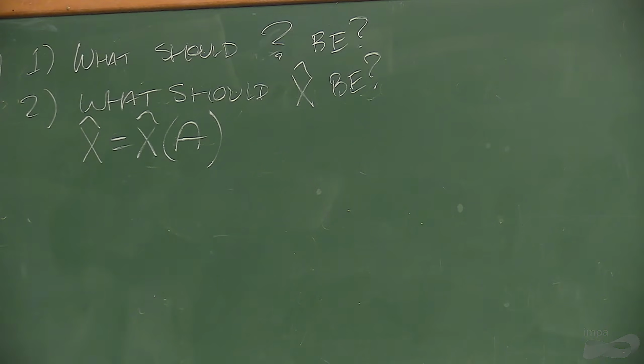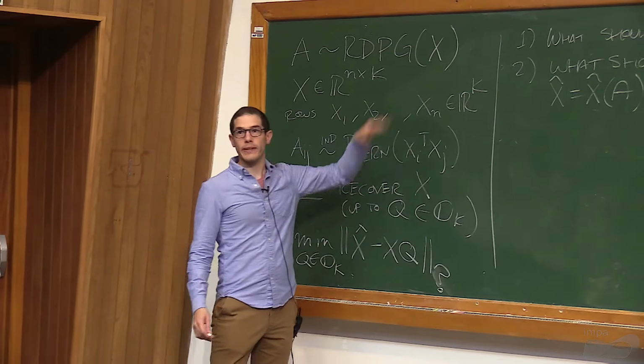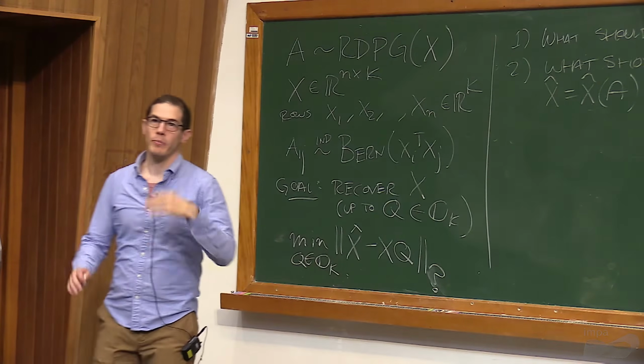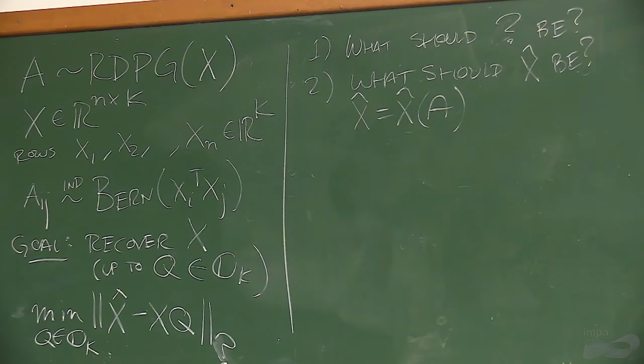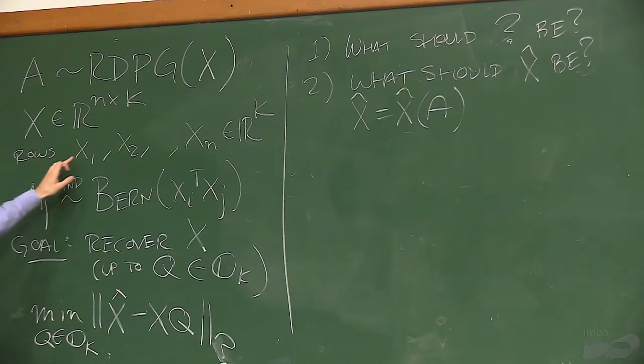So to answer question 1, I need to take a slight detour. Why do I want to estimate x in the first place? We said that in the special case where we recover something like the stochastic block model or the degree-corrected stochastic block model, the x's really just capture community and popularity information; the model parameters associated to each vertex are encoded in x.